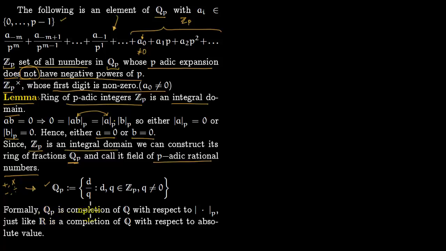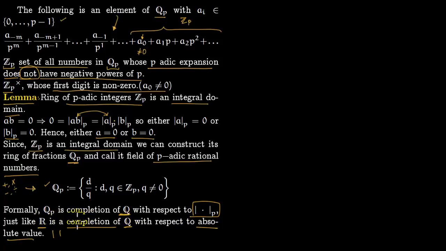Analytically also you can construct this Q sub p, that is the field of p-adic rational numbers. So this is nothing but the completion of the rationals with respect to this p-adic absolute value. So just like the real numbers are a completion of the rationals with respect to the standard absolute value, you take the rationals, you complete them, you get the real numbers. You take this p-adic norm, you will get Q sub p. So real numbers are complete, rationals are not complete.